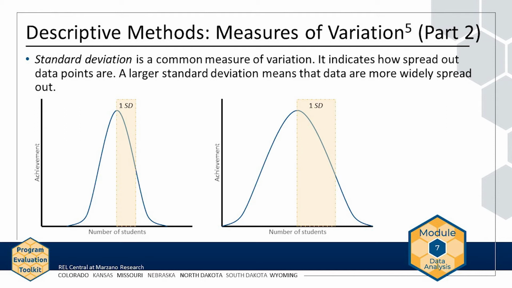In the two example histograms here, the standard deviation is wider on the figure to the right due to the greater variation in students' levels of achievement. Understanding standard deviation can have useful implications. For example, by looking at the standard deviation in these histograms, you can get a better sense of the range of the students' academic ability.